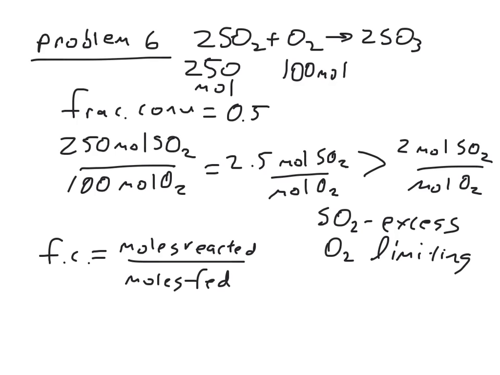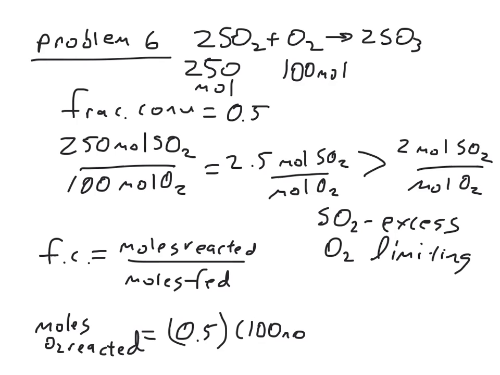So I can go ahead and write moles O2 reacted is equal to 0.5 times 100 moles. This was given in the problem statement, the fractional conversion, and 100 moles is how much is fed into the reactor. So I just rearrange this to solve for the moles reacted, and that's going to give us 50 moles of O2. That's how much is reacted in this reactor.